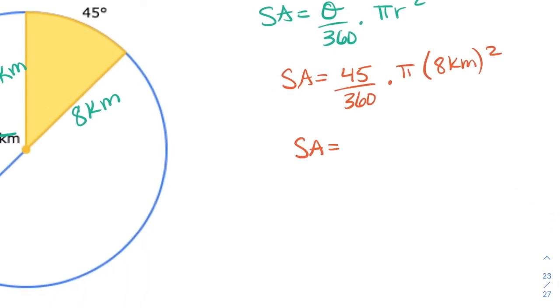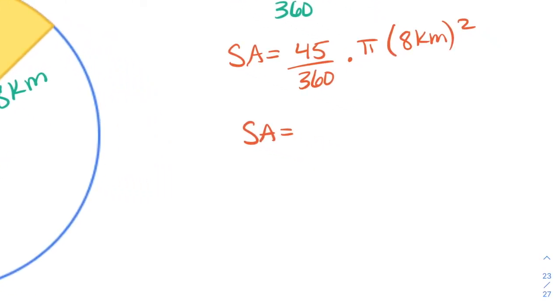Now again, you can simplify 45 over 360. They are both divisible by 45. It's really 1/8. Or we can multiply 8 times 8 and then multiply by 45 afterwards. Let's write it first as 45 over 360 times pi times 64 kilometers squared, since 8 times 8 is 64.